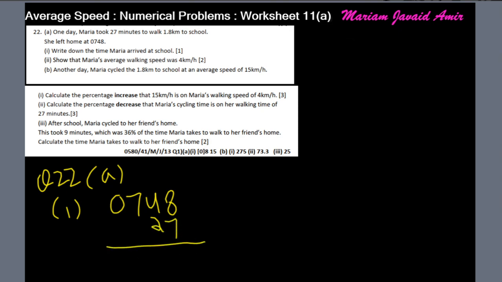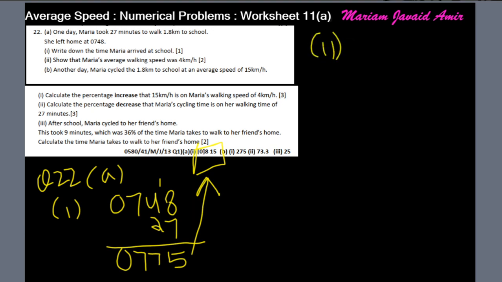So this is 8, 5, 1 carry, 4, 5, 6, 7, 0, 7. So 75 minutes means 1 hour, 15 minutes, which makes this 08:15, which is the answer for part 1.